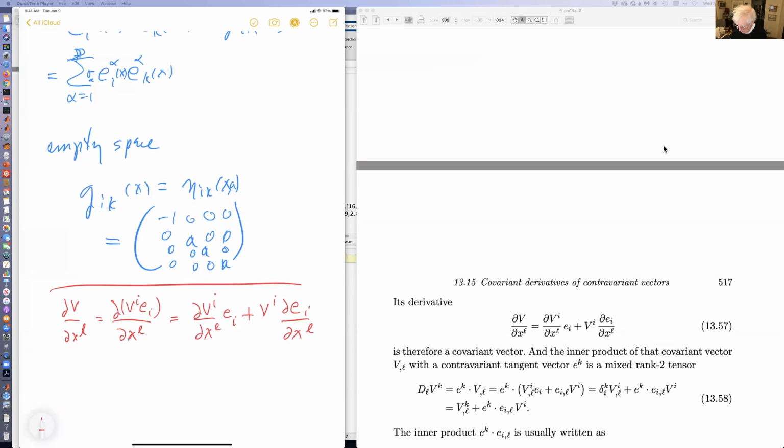So you see the derivative that's actually a covariant vector is more than this term. It also has this term, and this is called a covariant derivative.